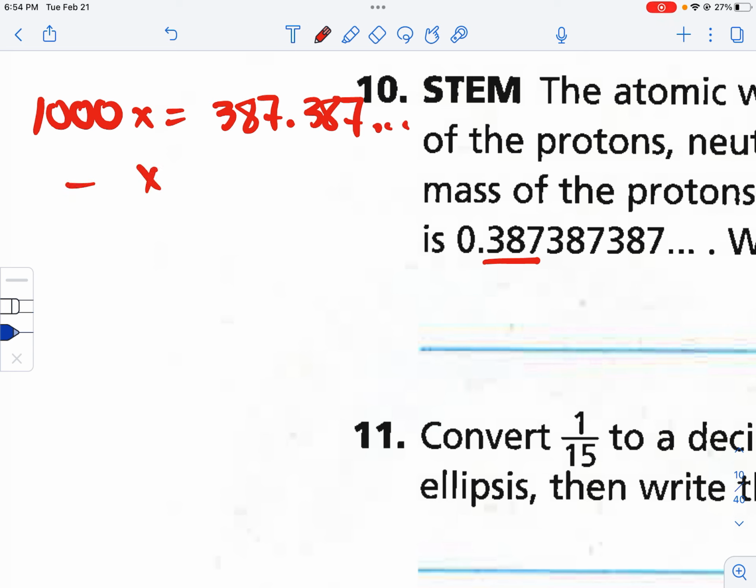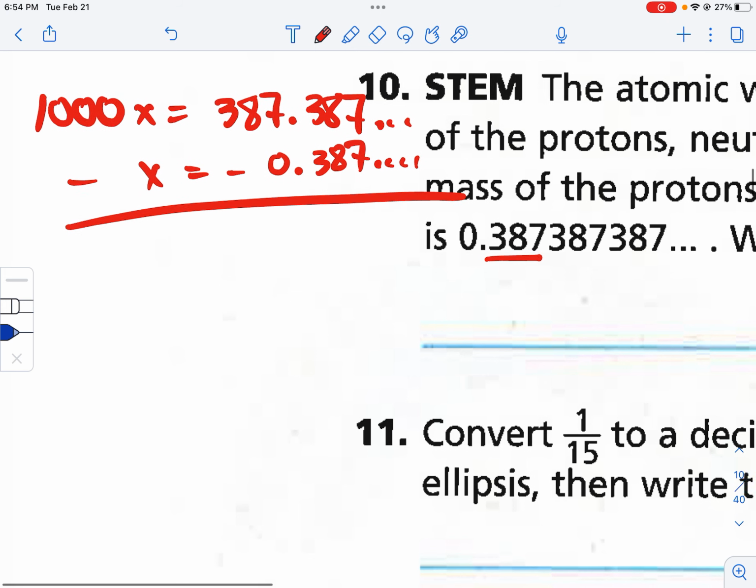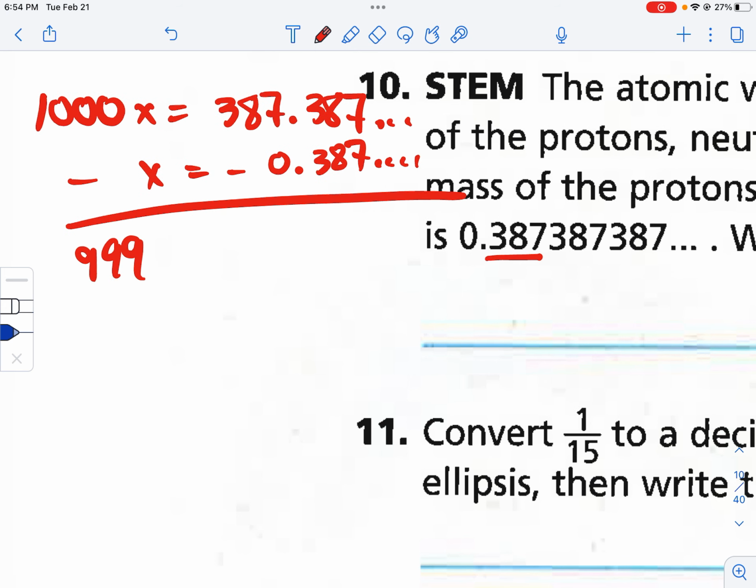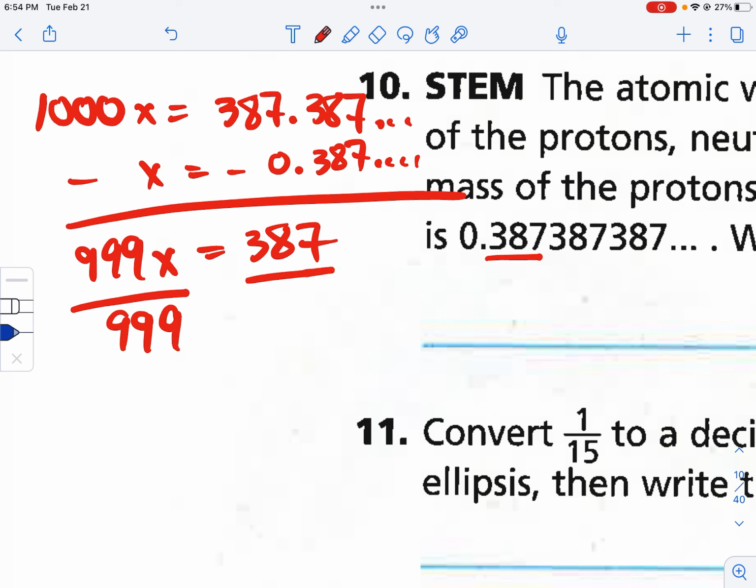I'm going to subtract 0.387. When I do that, I get 999x equals 387. Divide by 999, and I get x equals, let's see, 15, 16, 17, 18. Both of these are divisible by 9.